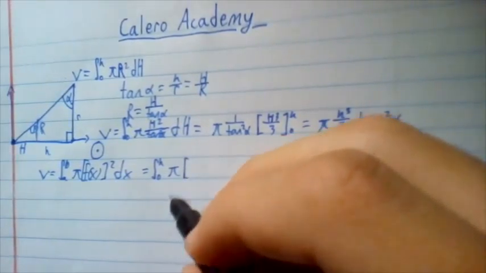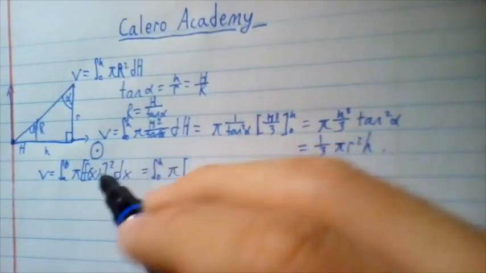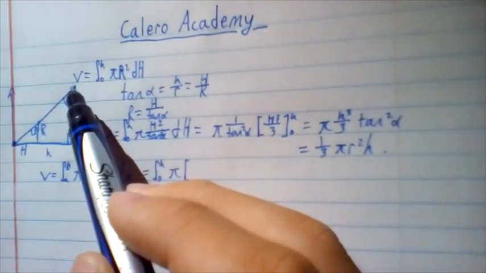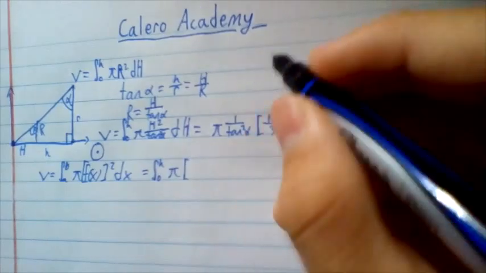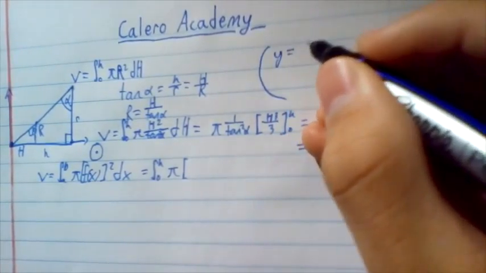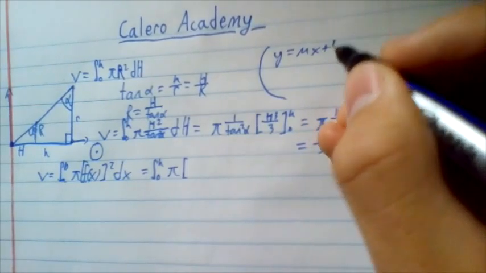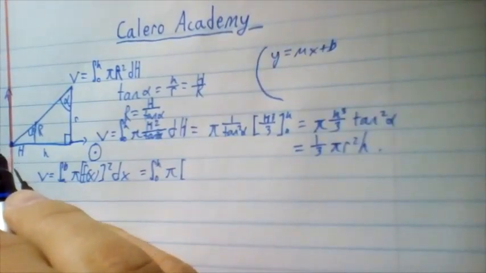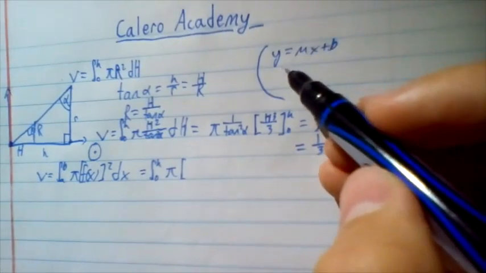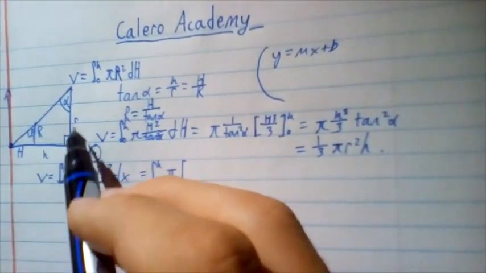Now, let's give this careful thought. What is f of x? It's a line, but how do we find the equation of this line? We know that the equation of a line is y equals mx plus b, where b is the y-intercept, which in this case is 0, and where m is the slope. Now, the slope is defined as the rise over the run.